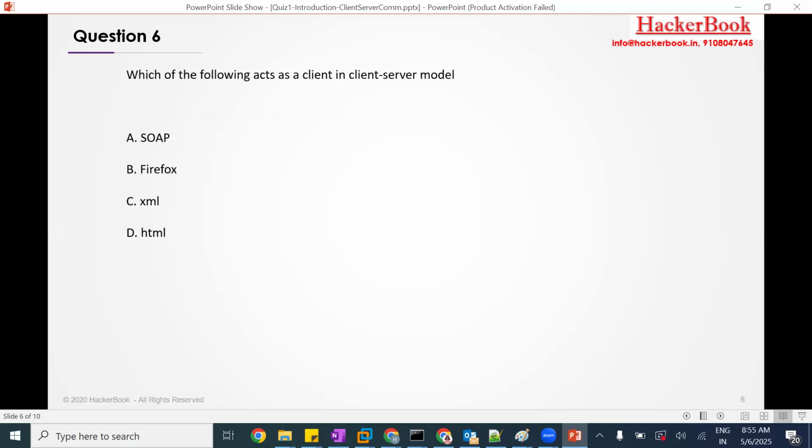Which of the following acts as a client in case of the client-server model of a website? SOAP, Firefox, XML, HTML.